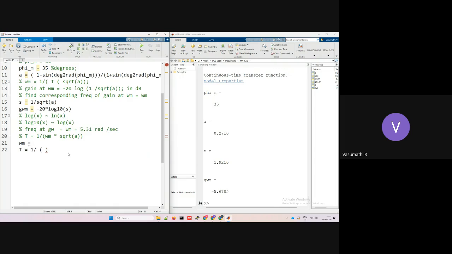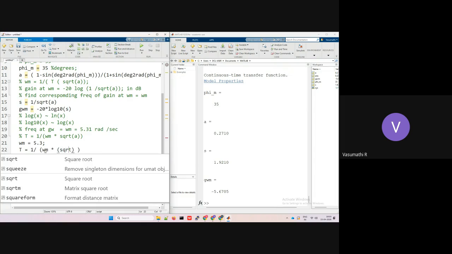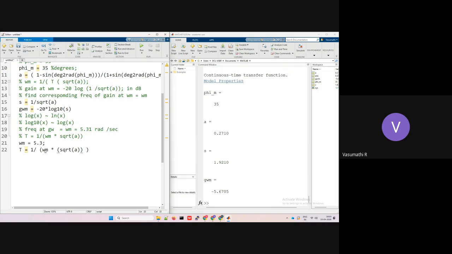Omega m is equal to 5.3. So I'm going to use omega m into sqrt of alpha. Now I think that's it. So your T is around 0.36.